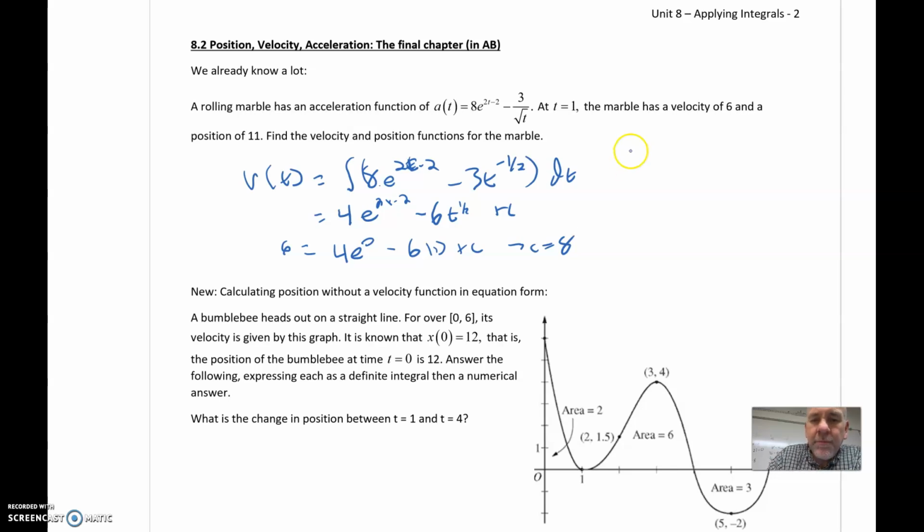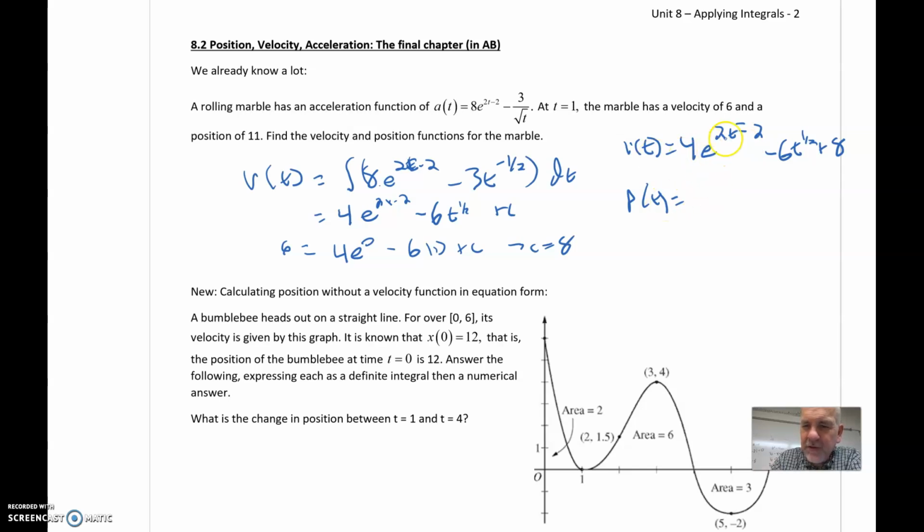And so my velocity then is 4e^(2t-2) minus 6t^(1/2) plus 8. Now to find the position function, I can just integrate it again. P of t equals, I'm antiderivating again, but now I kind of know what I'm doing here, so I don't need to write the integral symbol.